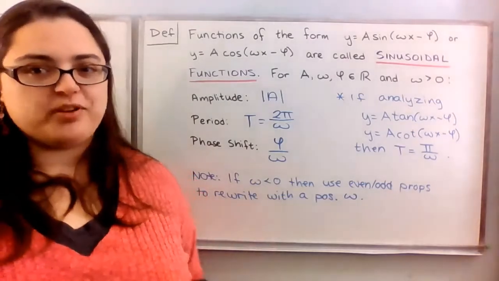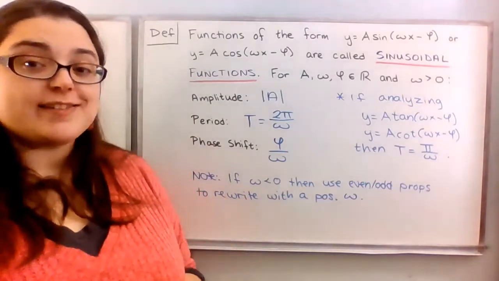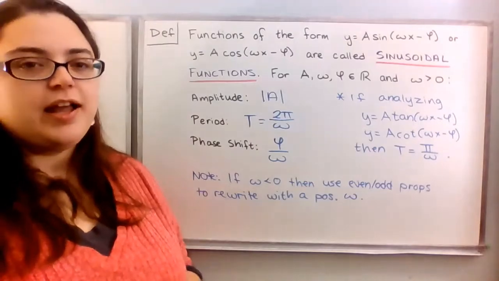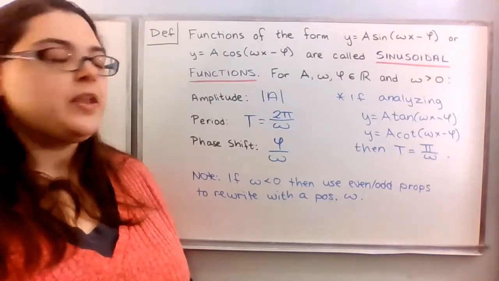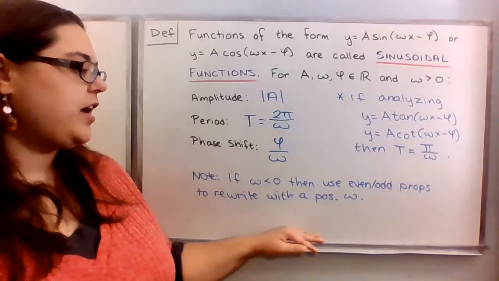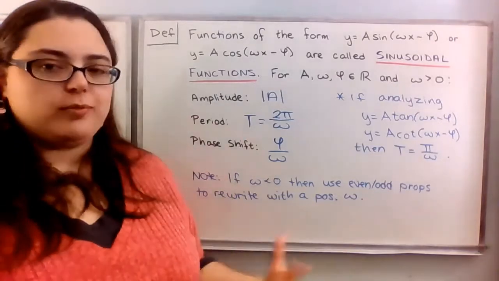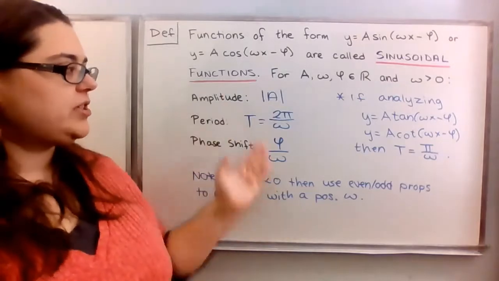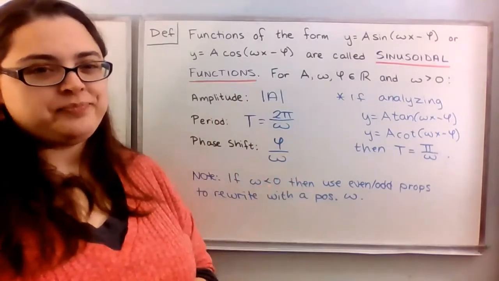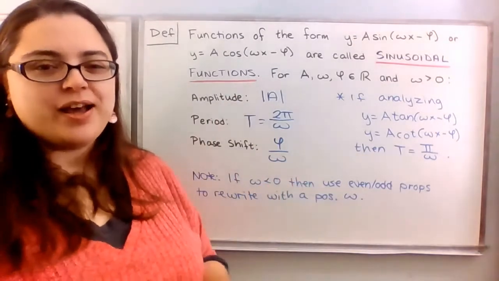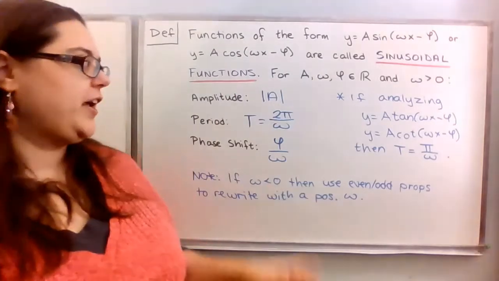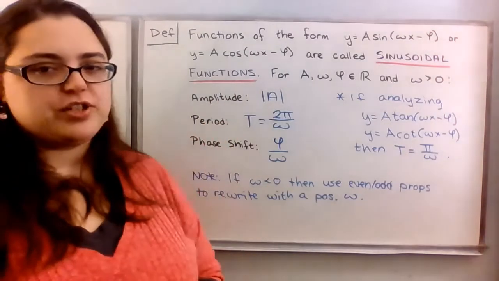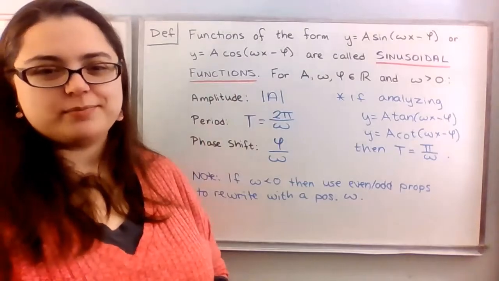We'll make sure we do a couple of examples of that, but remember that sine is an odd function and cosine is an even function. We'll be using that information to help us rewrite, so we have an argument that has a positive omega. Once omega is positive, then we can determine these values here. All right, so let's do a few examples of applying these formulas and identifying the amplitude, the period, and the phase shift of some sinusoidal functions.